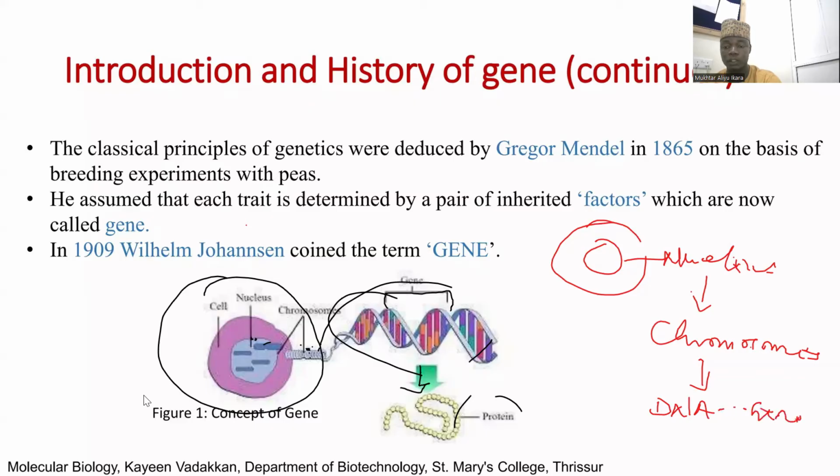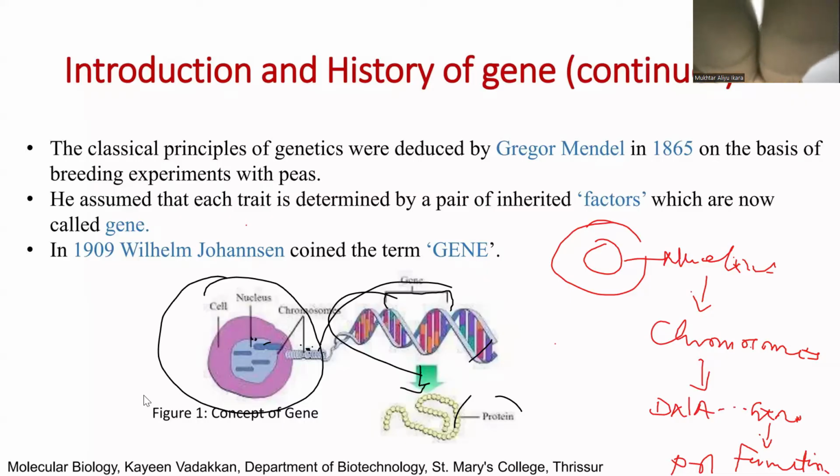And each gene is responsible for producing a particular functional protein. This is what we call the central dogma of molecular biology. So we should understand that in eukaryotic cells we have a nucleus, and in the nucleus we have chromosomes, and in these chromosomes we have DNA, and in the DNA we have thousands of genes, each responsible for producing a specific functional protein.